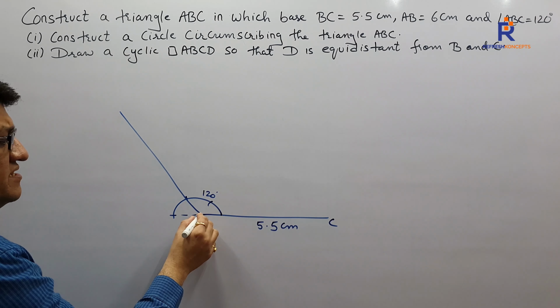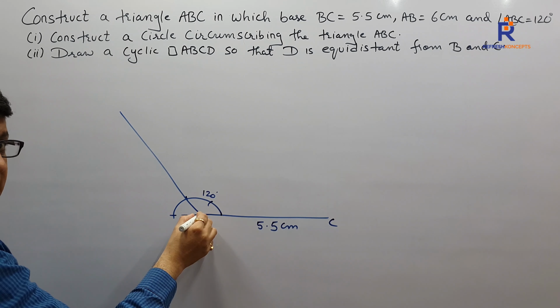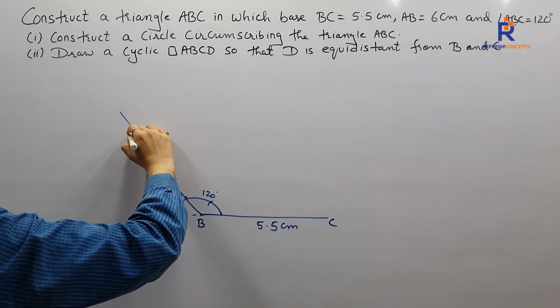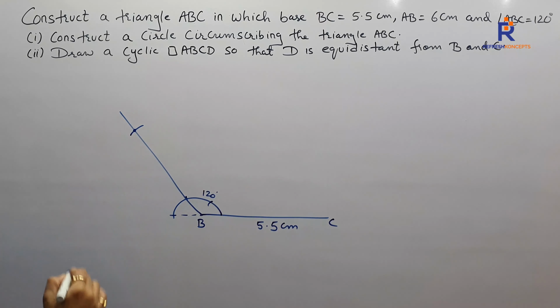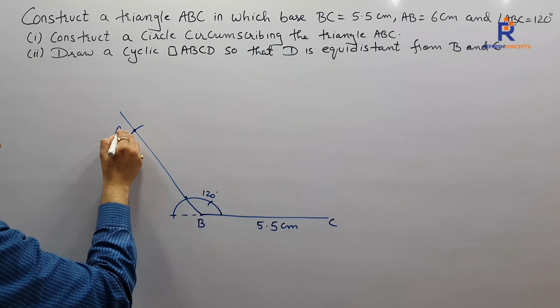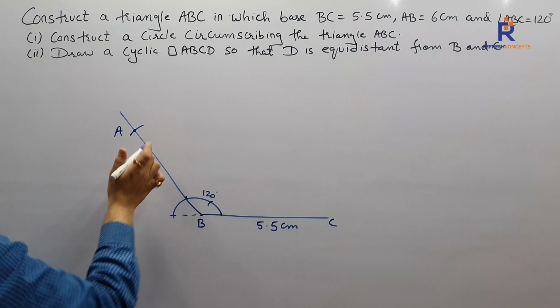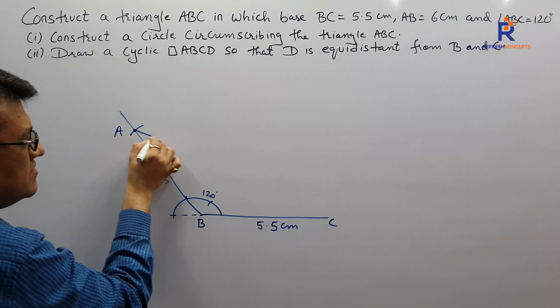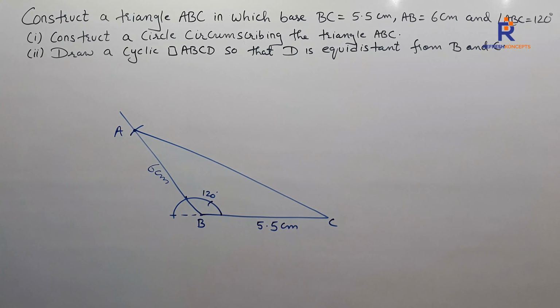With B as a center, 6 in my compass, I draw an arc. This is A. This is 6 centimeter. Draw triangle ABC. At least we are done with the first part of the sum.